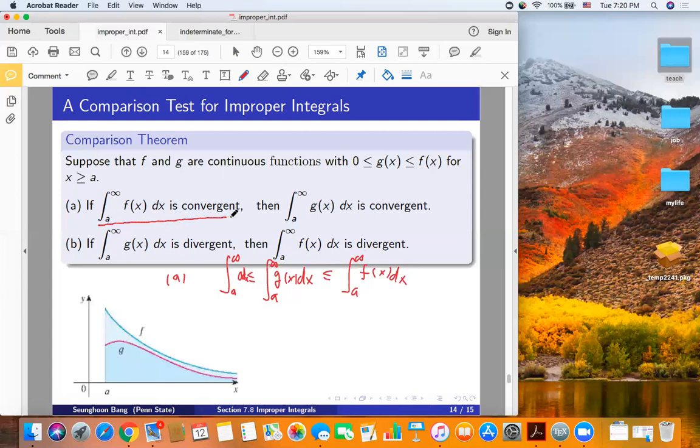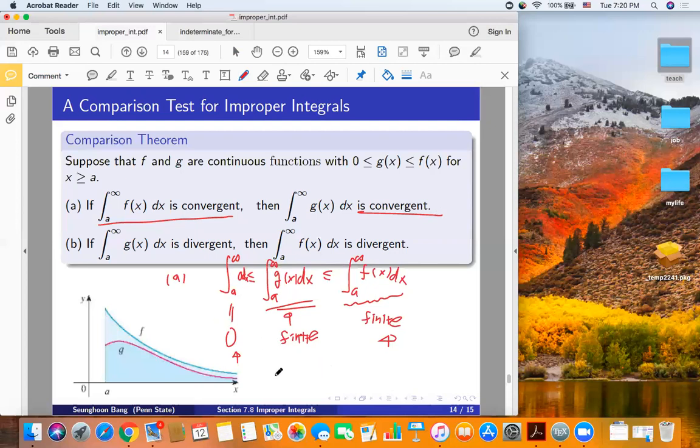This one is convergent. What does it mean? The integral of f of x is a finite number. So the integral of g of x is between 0 and this integral from a to infinity, which is a finite number. So it is also a finite number, so convergent.